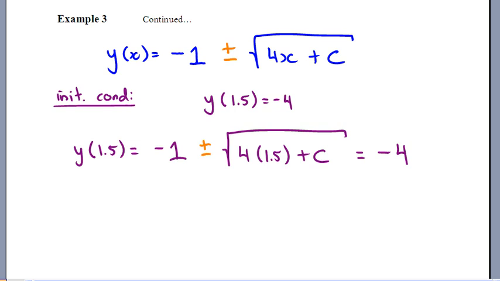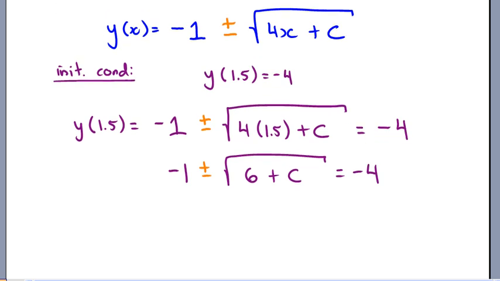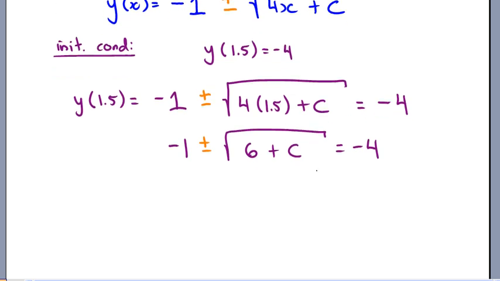Okay, I have -1. It's going to either be add or subtract the square root of 6 plus c, and then I end up with -4. The only way I can get -4, if I start off with -1 and I'm trying to get to -4, is I'm going to have to subtract 3. Now, it's not always negative, but in order to get this -4, that's here.